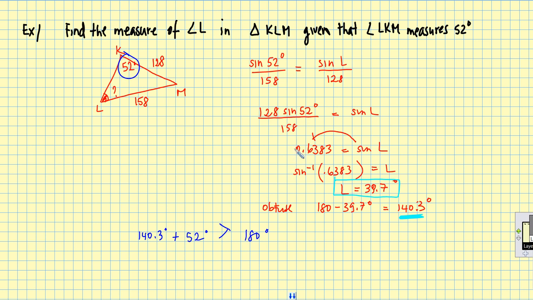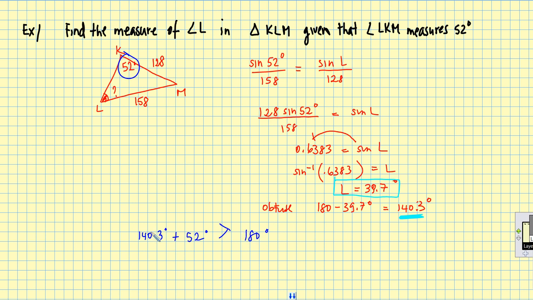In order to make a triangle, I have to have the sum of three angles equal 180. If only two angles already add to more than 180, then a triangle can't be built, because triangles can't be made out of just two sides. You need a third side and a third angle.